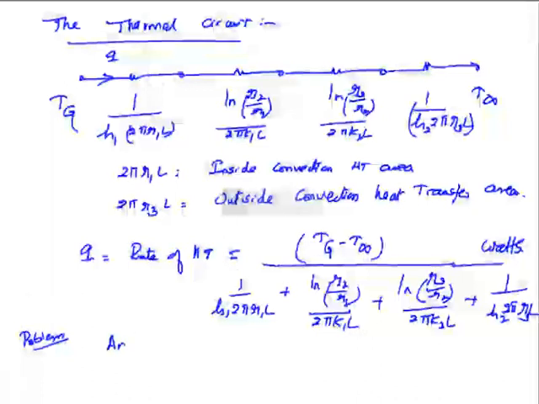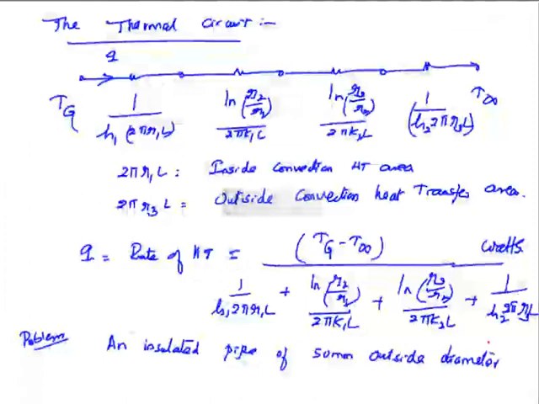The problem is given like this: an insulated pipe of 50 mm outside diameter with emissivity 0.8 is laid in a room at 30 degrees centigrade.